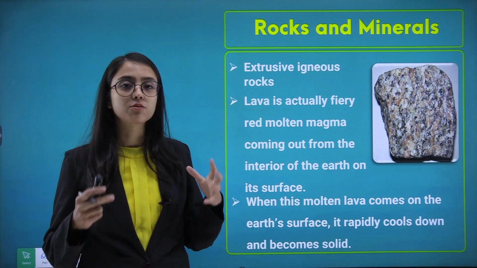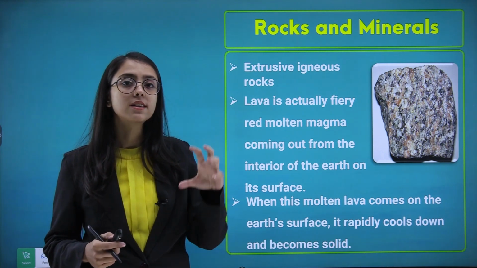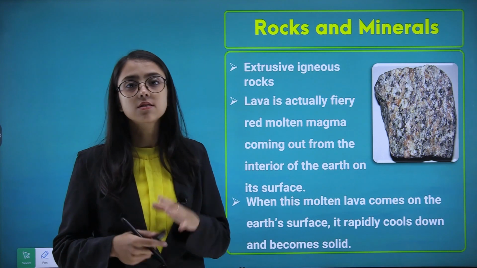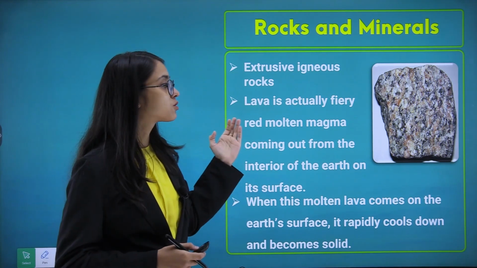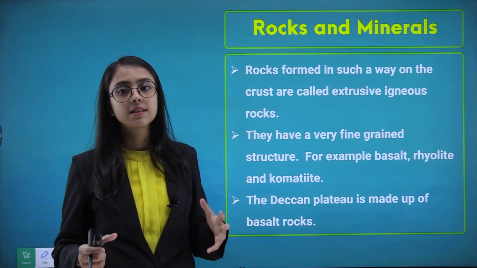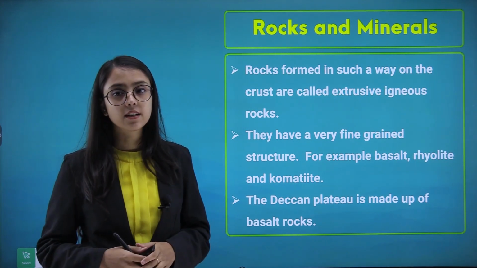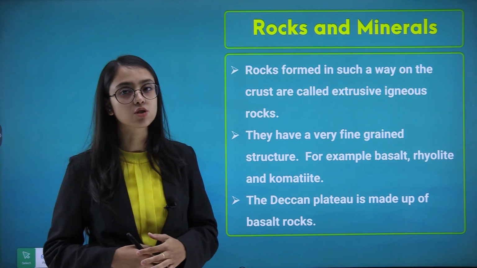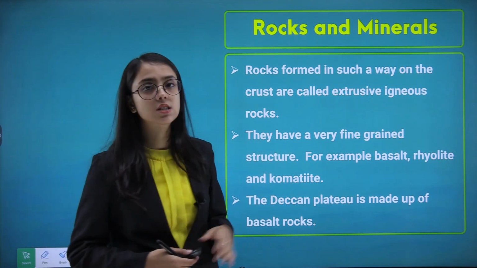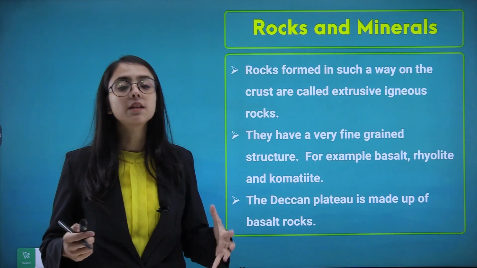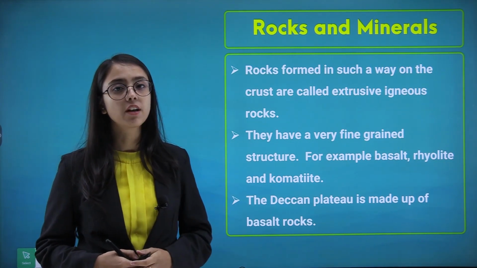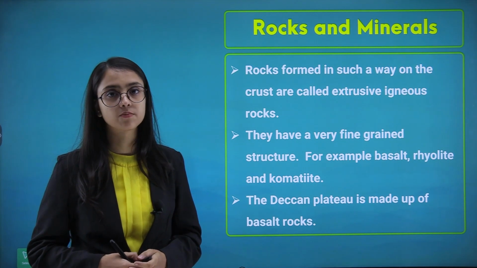This becomes solid, and the rocks which are then made by solidification of magma on the surface of the earth are extrusive rocks. These are also fine grained in nature, and the biggest examples of such rocks are rhyolite, basalt, etc. Deccan Plateau in India is full and plentiful of basalt rocks.